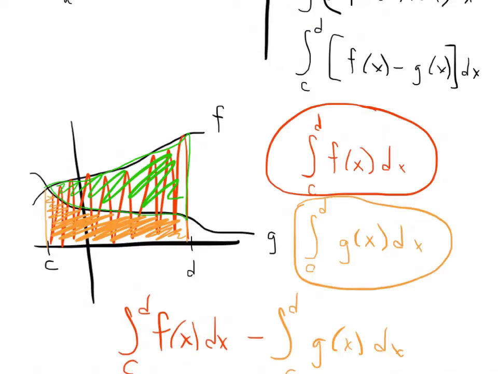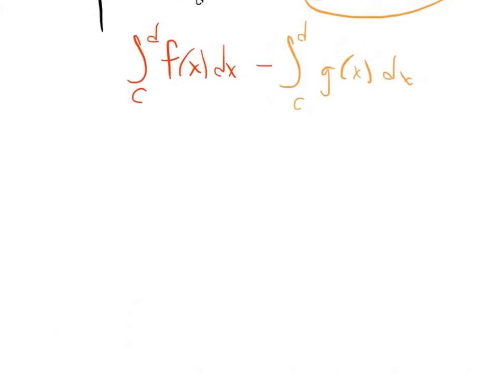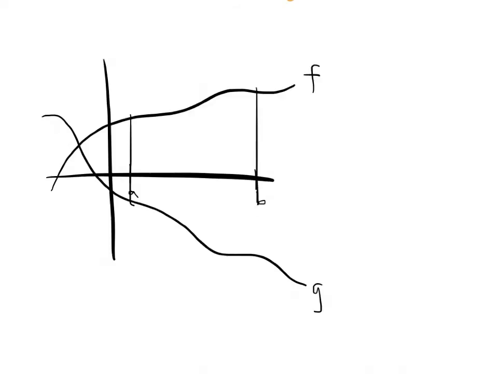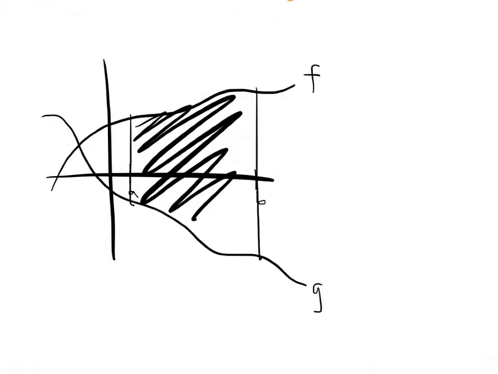And the idea is every time you want the area between two functions, you just do the top function minus the bottom function. It does not matter if one of them is below the x-axis. I'll cover this sometime later in a specific example. But if you've got an f function that's up here, and a g function that's down here, and somebody wants the area between a and b, like this area in between here, it doesn't matter that g is below the x-axis.